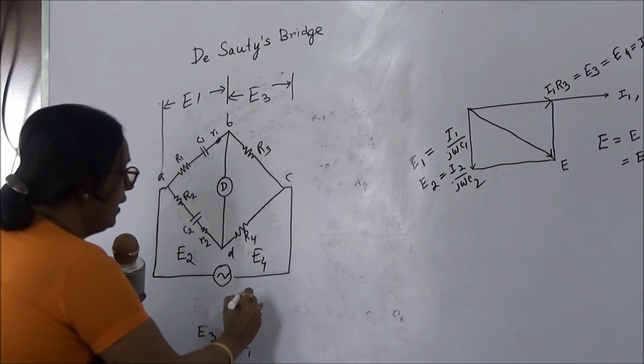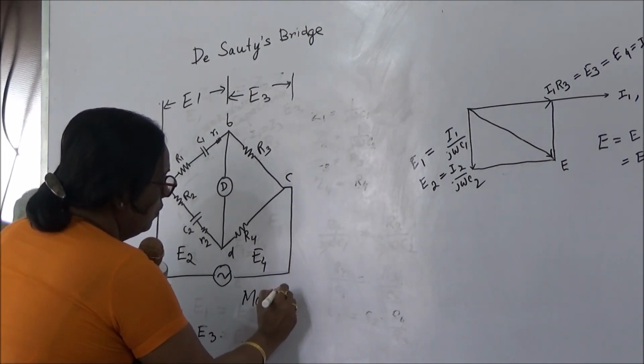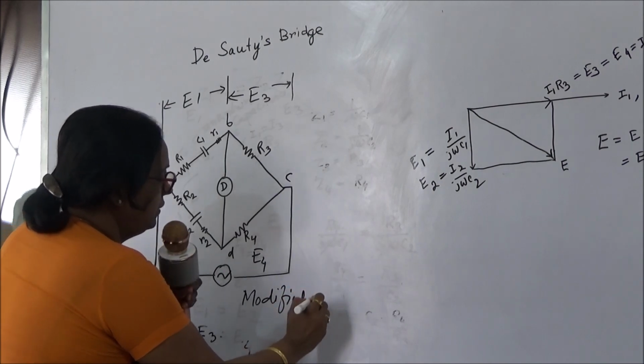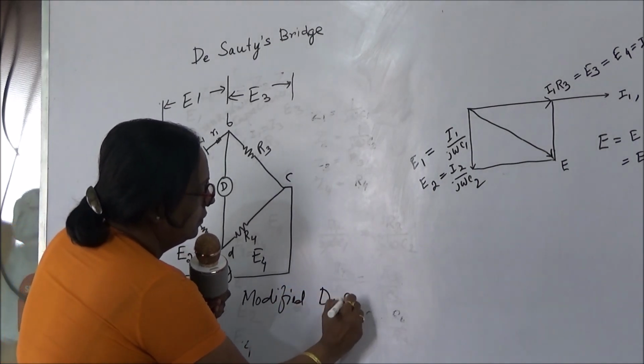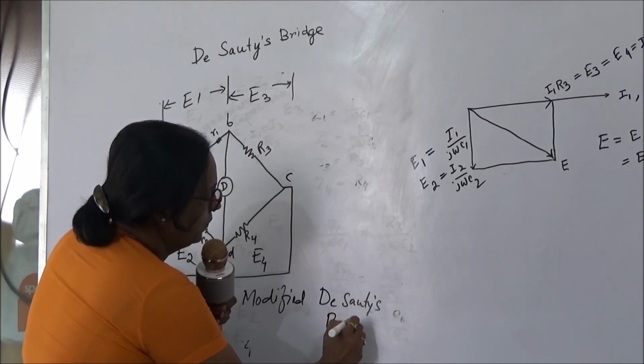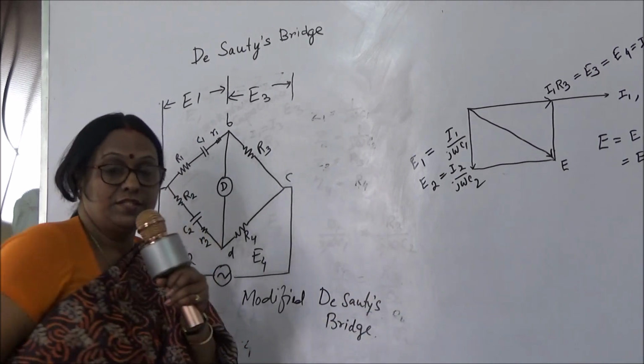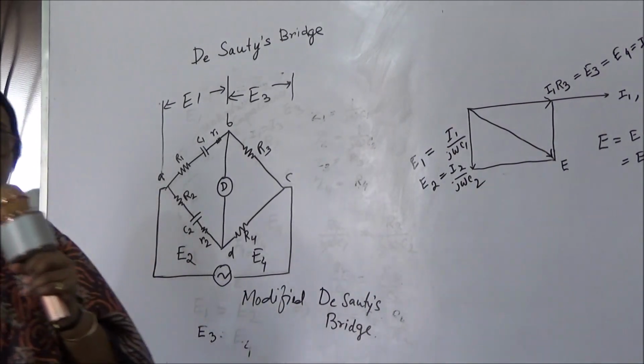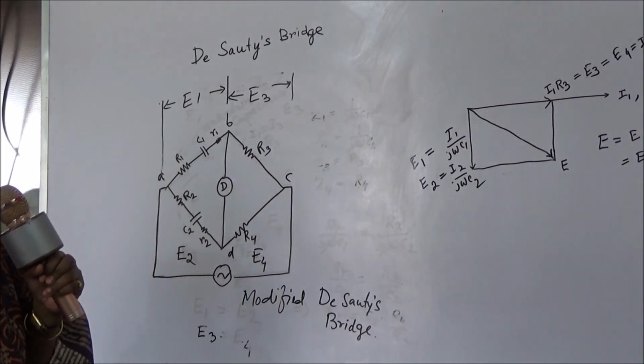This is the modified de Sauty's bridge. Now I will draw the phasor diagram for it.